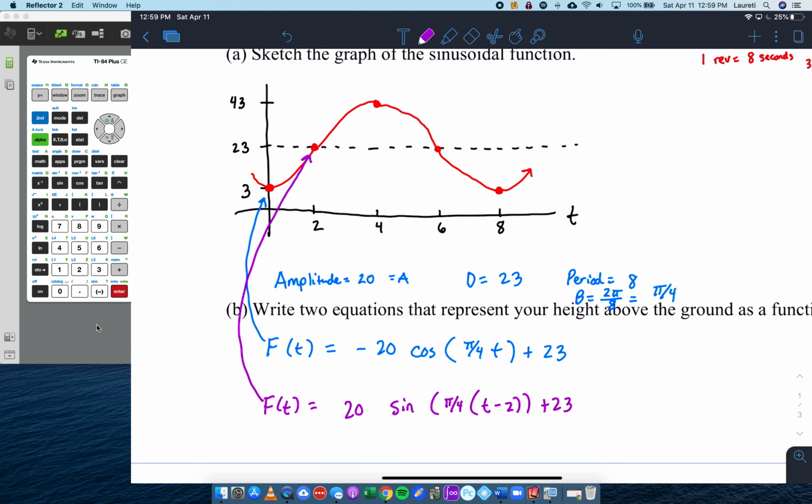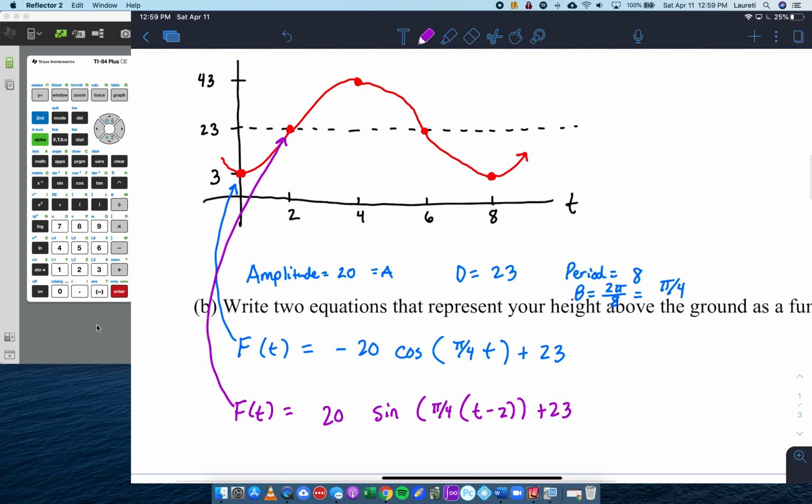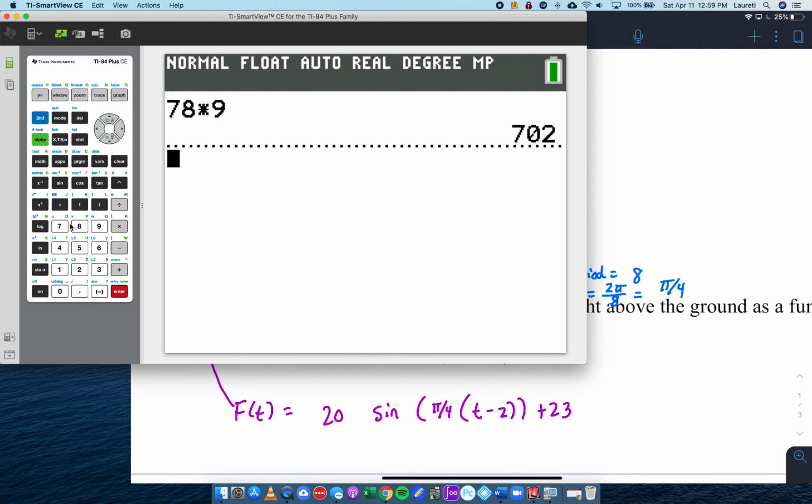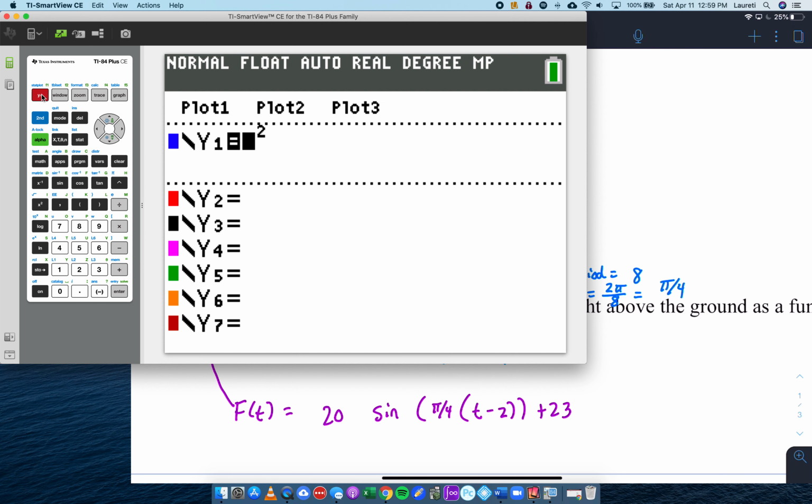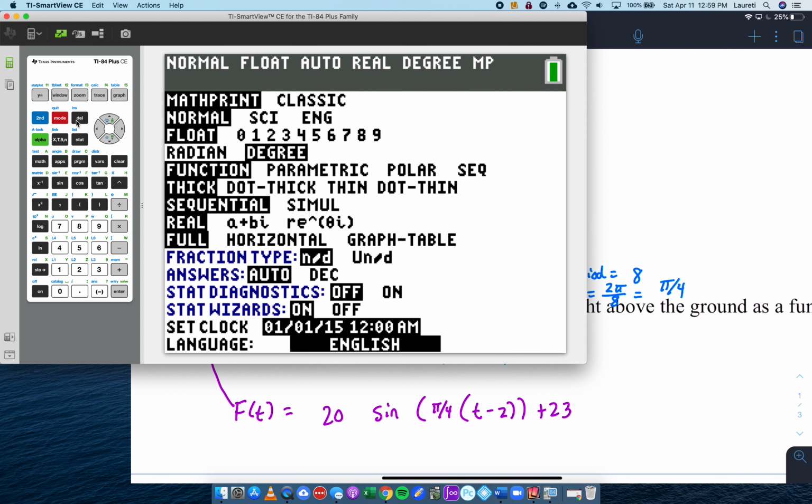Now, because we're going to use this to solve it, I'm going to type this first equation into my calculator. I'm going to clear that, go to y equals, and type that in. First thing you guys make sure that you do is make sure it's in radians.